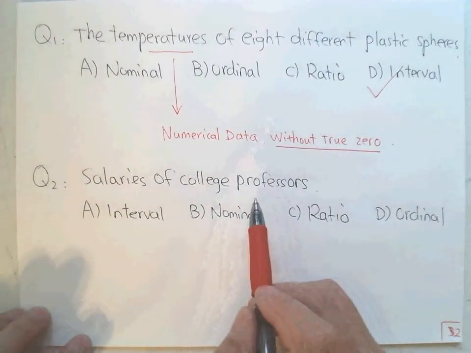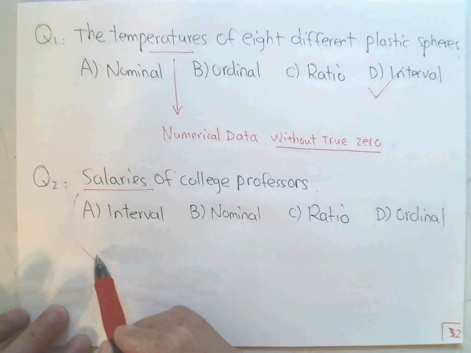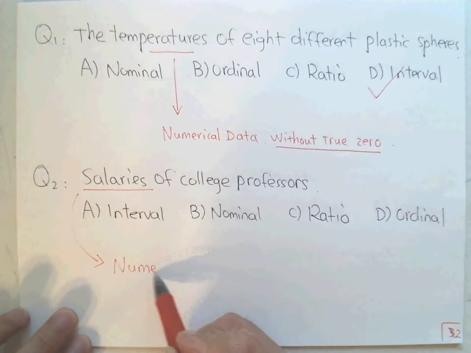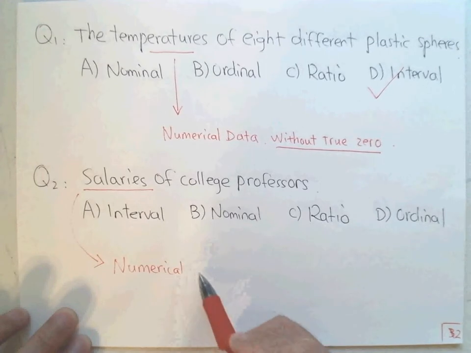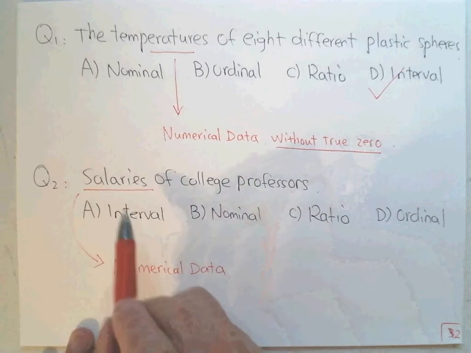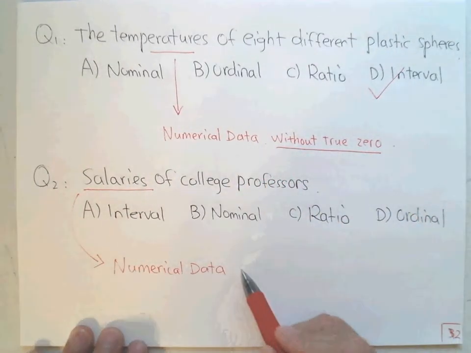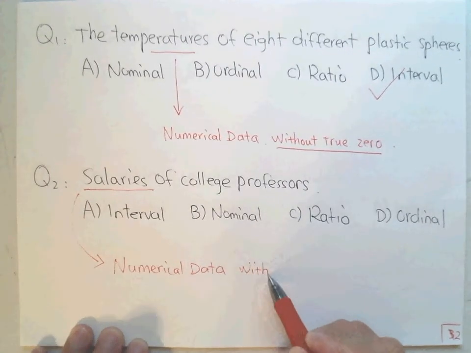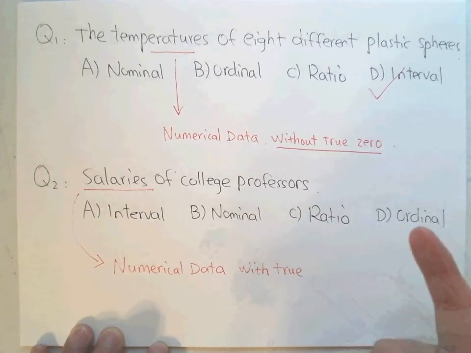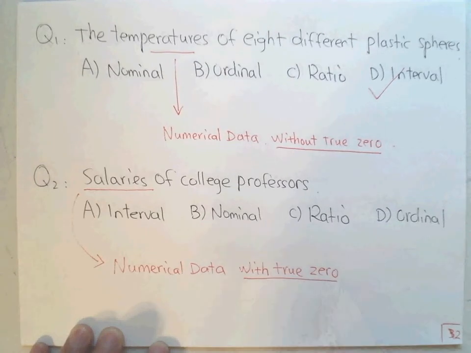Look at the next example: salary of college professors. First, salary is numerical data, not a category. Then I look at the zero. If someone has zero salary, it really means no salary, so this is with a true zero.